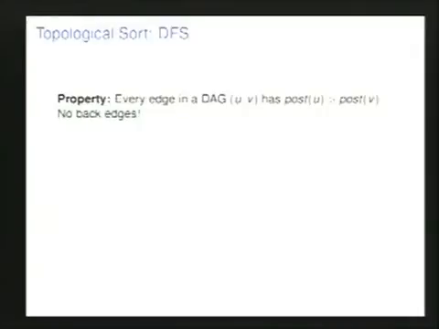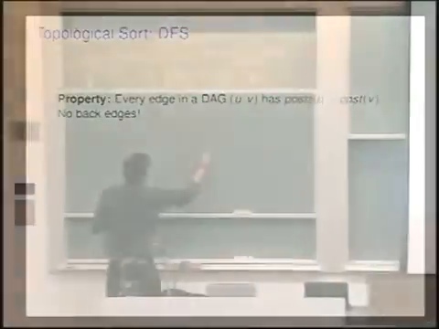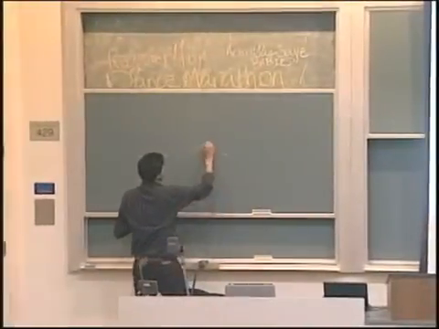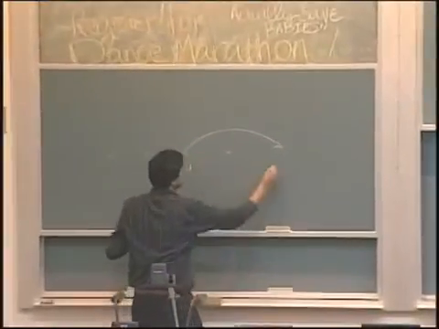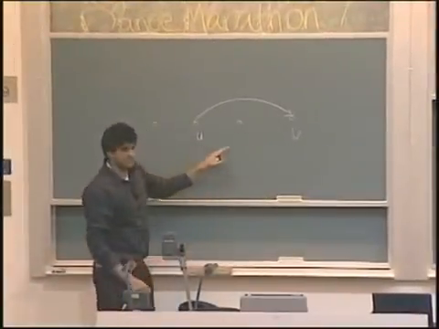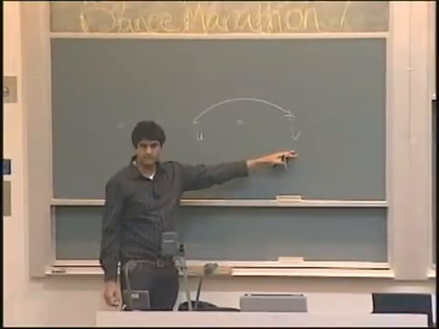Well, what we want is for every edge UV in the DAG, we want the order to have the property that U comes before V, right? That's what topological order means. You have some order of the graph, and for any edge U, V, U should come before V. Okay?